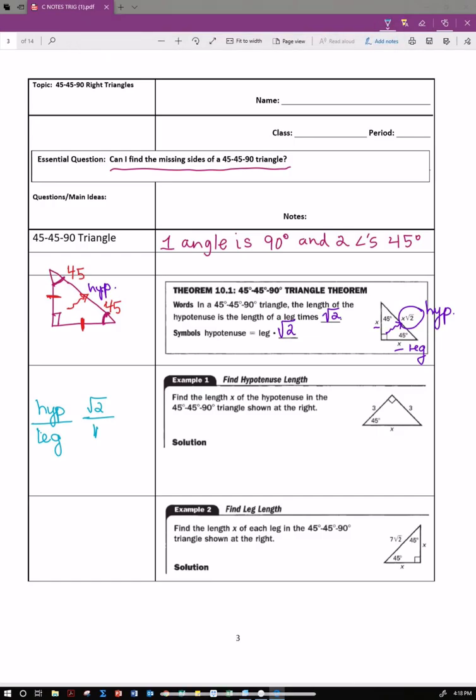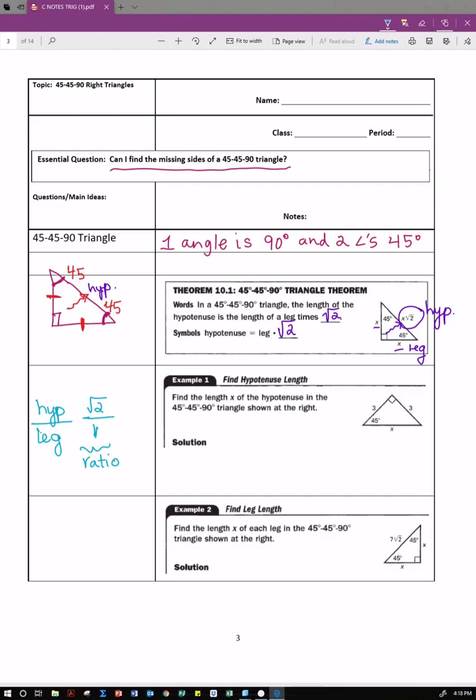Okay, so with that, we are going to use that ratio to solve these. We're going to make proportions because that's what we had been doing last week.